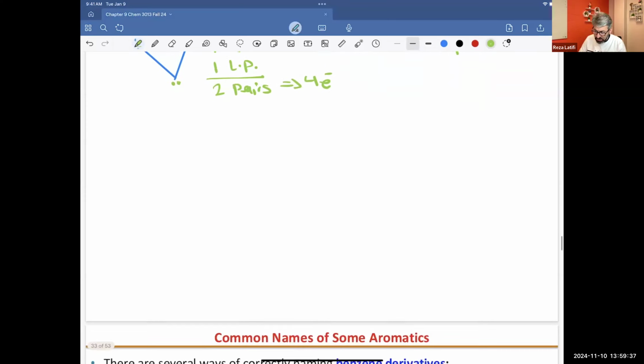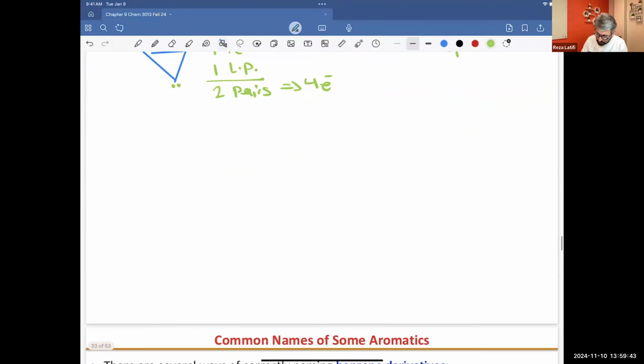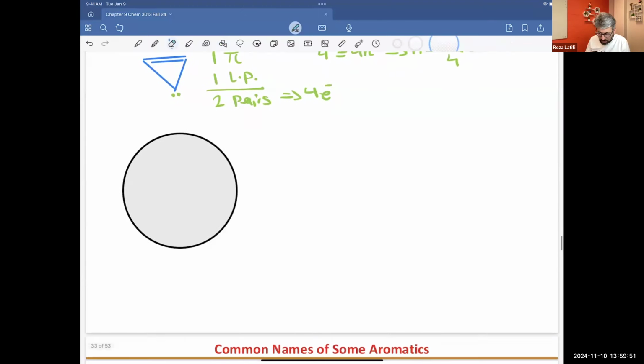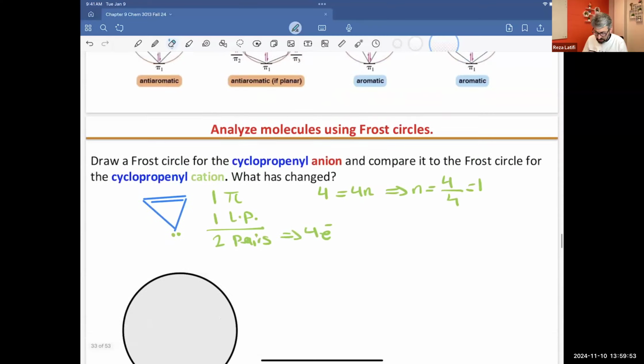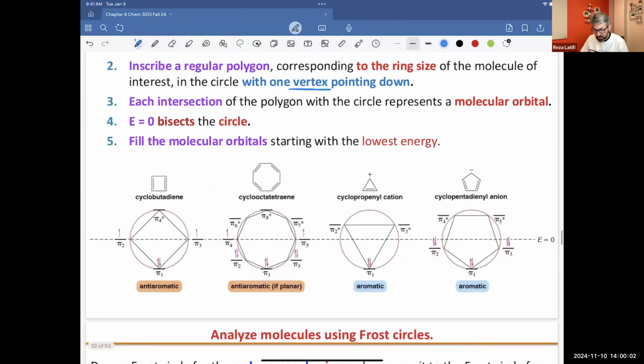But how about the Frost system? The Frost system says draw a circle. Okay, so let's go with this one. We're going to draw a circle. Next, we will draw the molecule in a way that one vertex should be pointing down.